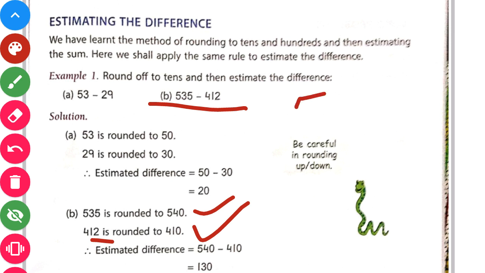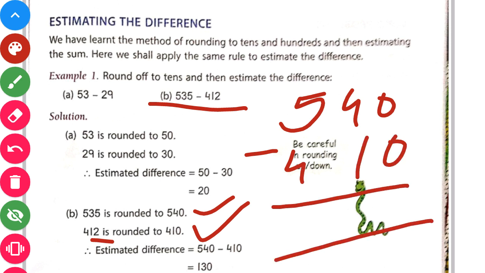Now subtract 540 minus 410. 0 minus 0 will be 0, 4 minus 1 will be 3, and 5 minus 4 will be 1. So 130 is our answer.